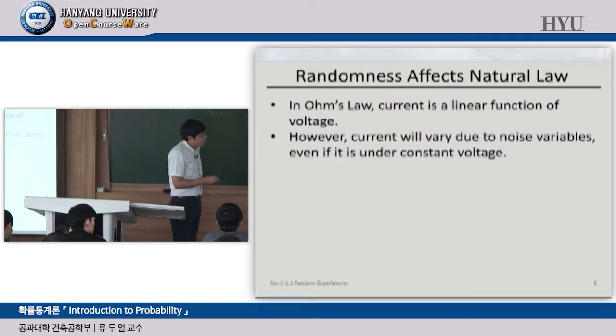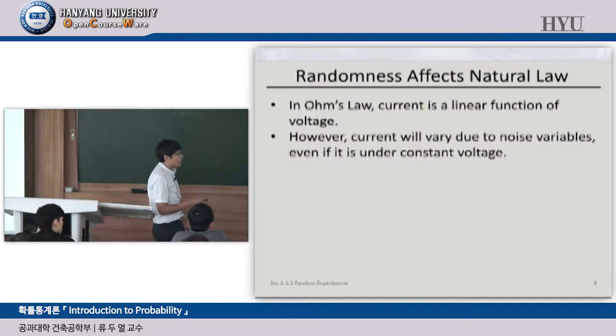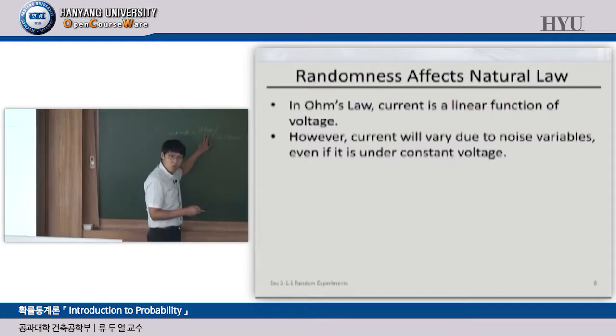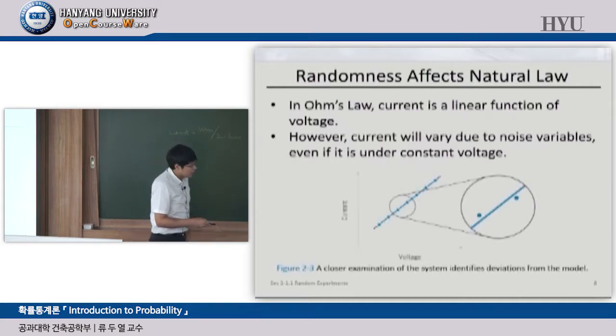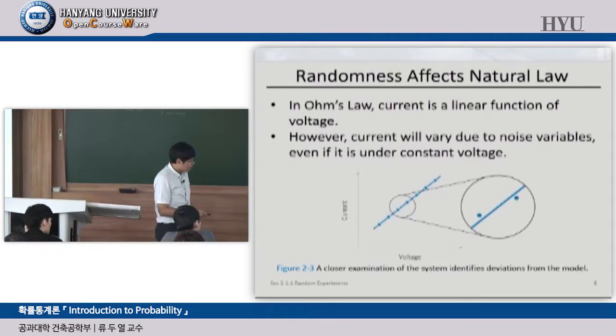So the current will vary due to noise variables even under a constant voltage, which means that if we provide a constant value for the voltage, the current can be changed by several factors. So this is the typical relationship between the current and voltage.